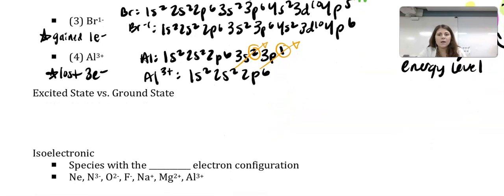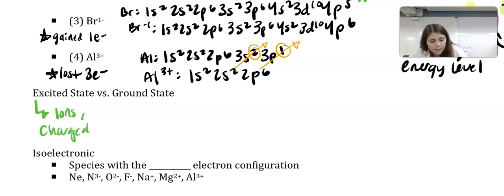All right, moving on. One thing that I want to do based off terminology is tell you the difference between excited state and ground state. So an excited state is talking about ions, so charged atoms. So just like question 3 and 4, the Br -1 and aluminum 3 positive.